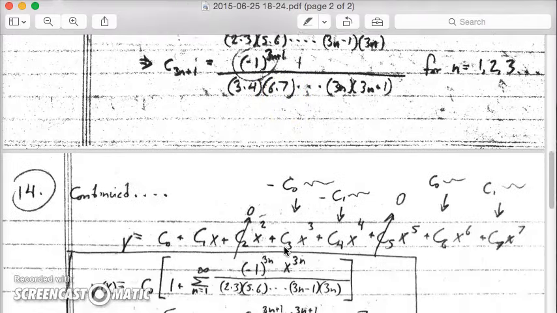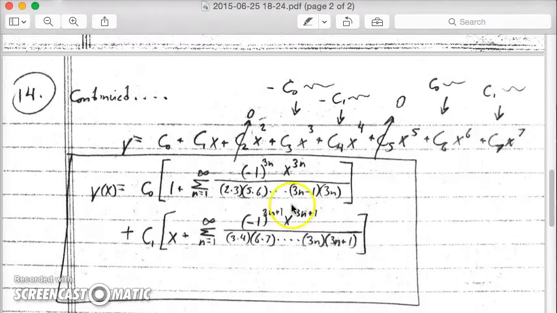And so continuing on, when we write out a power series for y, so C sub 0 plus C sub 1x, and then C sub 2 x squared, every third term again will be 0. And so then we can see our pattern here where these fourth and fifth terms will be negative, and then the sixth and seventh ones will not.